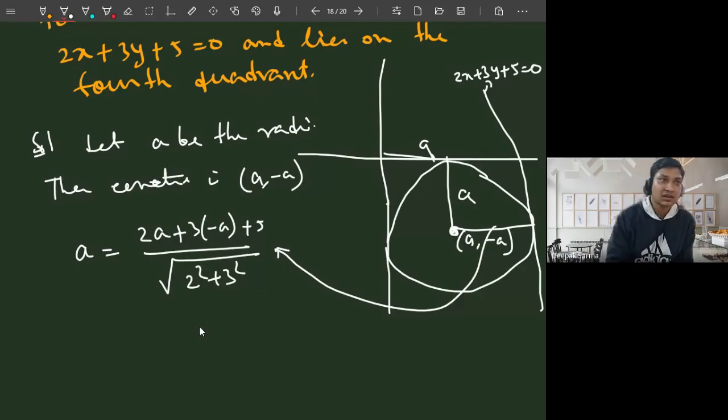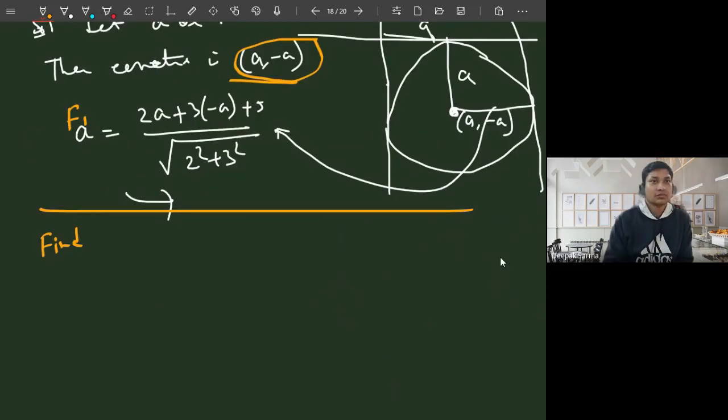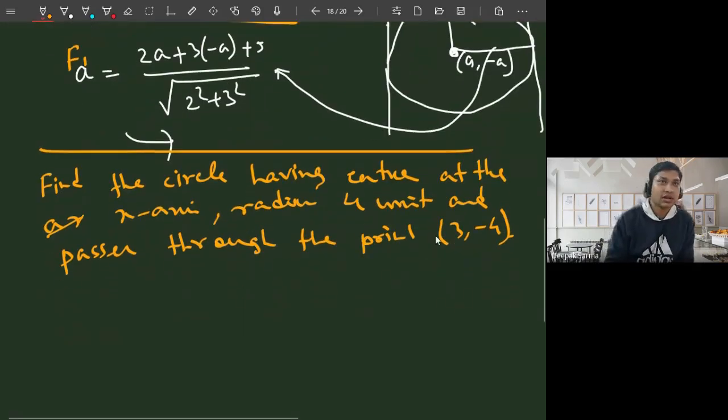Whatever you get, you get some value of A. Once you find A, that means the radius, and once you find the radius, you know the center. If you have any doubt, you can ask me. Find the equation of the circle. Solve it yourself. I am giving you the idea.